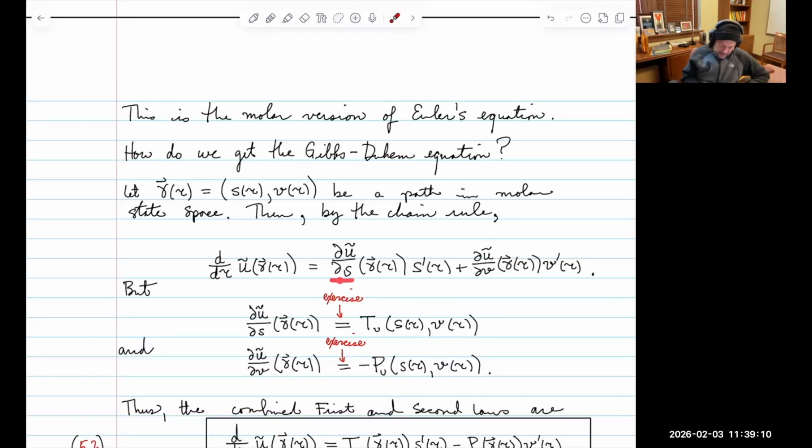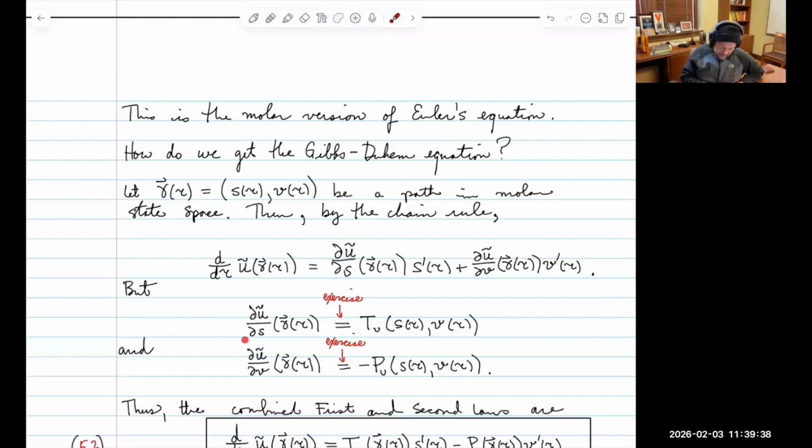But what are these variables here? Well, it's a very simple exercise to show that this is just equal to the temperature, and this one here is just equal to minus the pressure. How do you show that? Remember, we defined this function as the derivative of capital U tilde with respect to capital S, the derivative of the energy function with respect to the entropy.